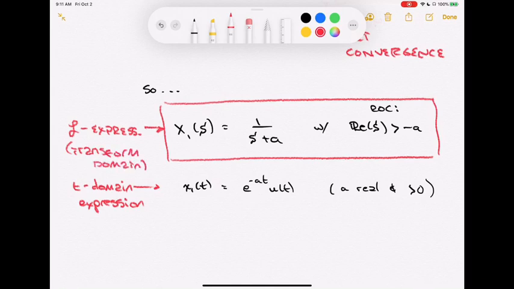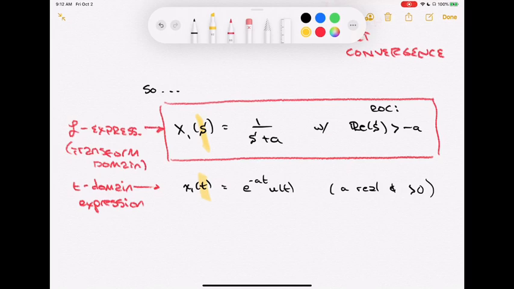How do I represent this signal as a function of frequency s instead of time t? The x1 of s, you don't see any t's over there. We got rid of the t's through this transformation. So the transform domain provides us a different interpretation, a different way of viewing the same signal. Now through the inverse Laplace transform, I could get right back to x of t if I wanted to, no problem.